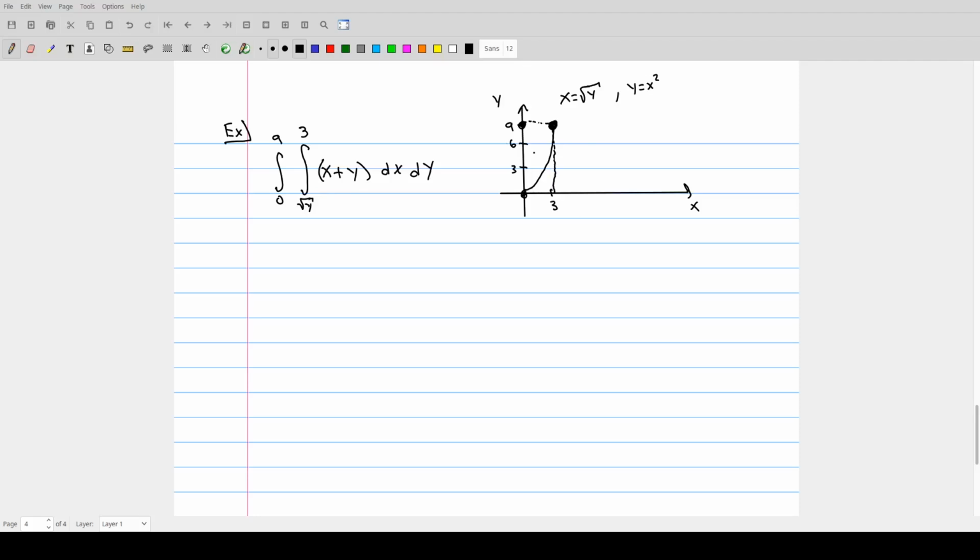And then if our lower bound is this curve, then at any specific y value, say right here, our lower bound is this curve, and our upper bound is x equals 3, which means that our domain is this space right here. All of the stuff underneath the parabola, x equals square root of y, or y equals x squared.